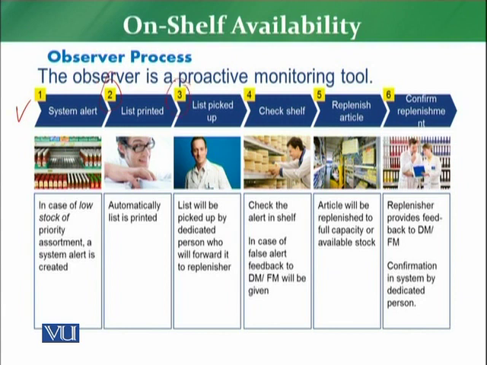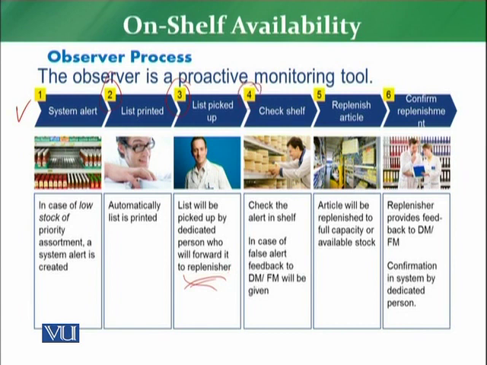So the third part, immediately printing the list, then you have to do list pickup. There should be a dedicated person who immediately takes this list and forwards it to the person who is going to replenish that particular assortment or article. So immediately you have to forward the list to the replenisher, the person who will replenish the products on the shelf.